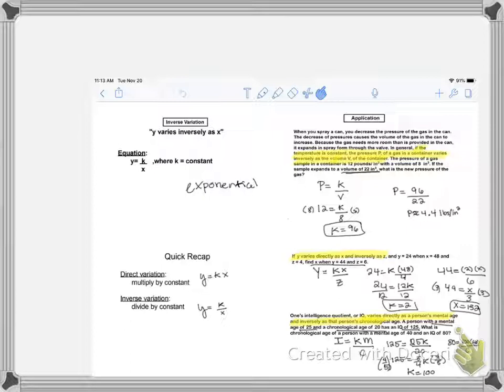I can't do anything with C in a denominator, so I'm going to multiply by C on both sides. So I'm going to get 80C equals 4,000. And I could divide by 80. So the corresponding chronological age would be 50 years. Okay, you have a quick assignment to do when you are done with these notes.